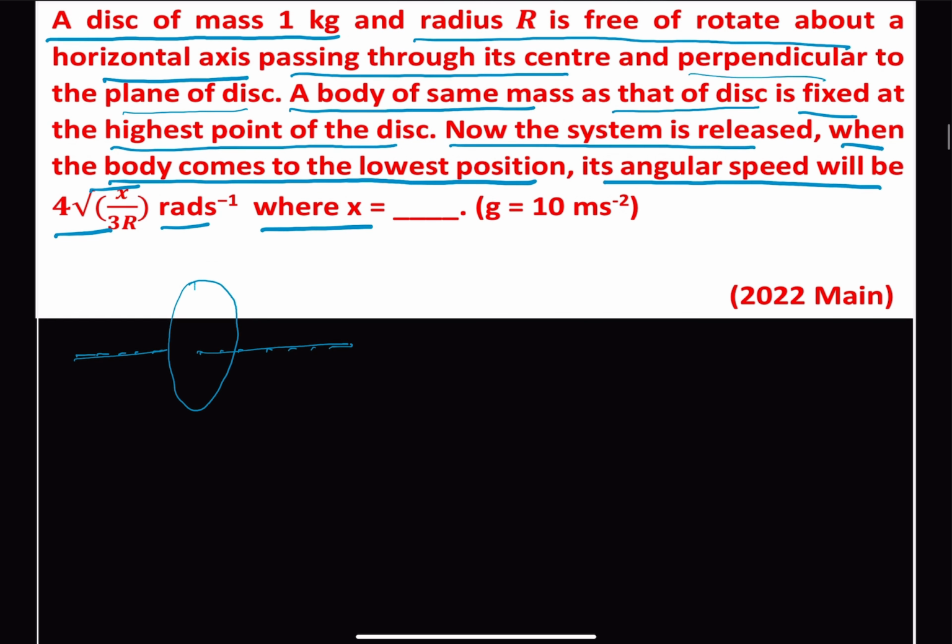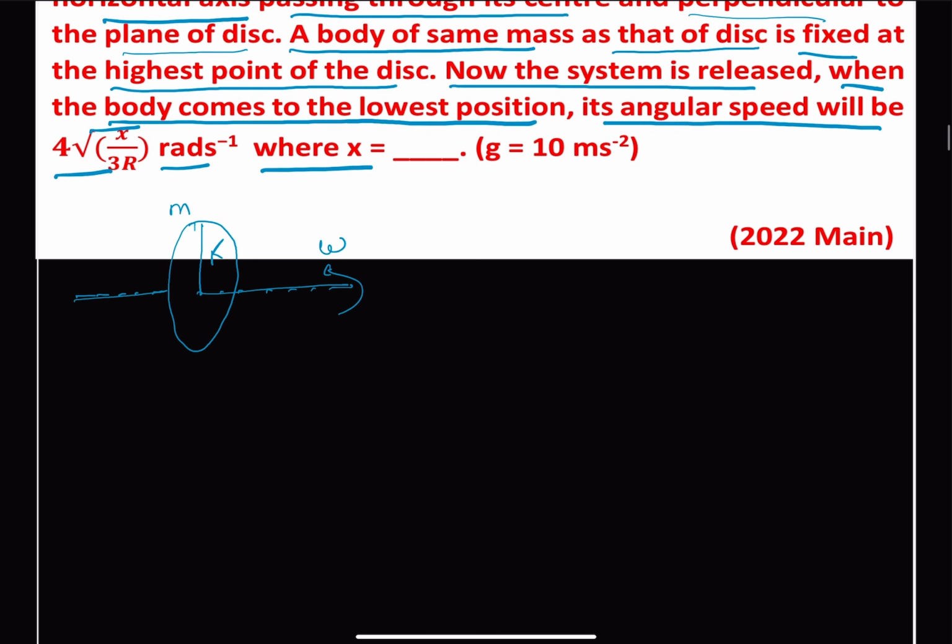And it is free to rotate, let us suppose, in this direction with angular velocity omega. And r is its radius. Let us suppose the mass is given as small m, which is 1 kg.